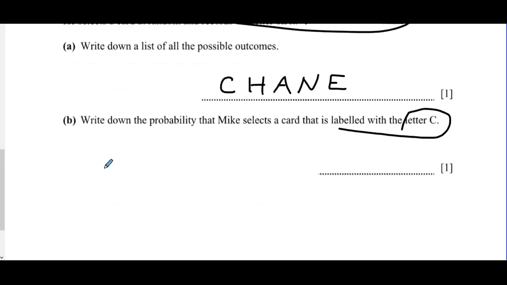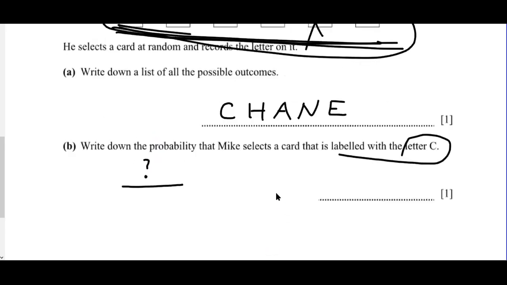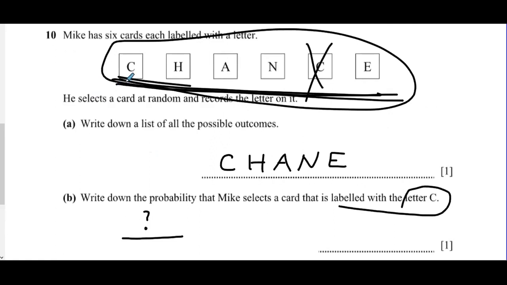The probability is a fraction where the numerator stands for how many C's. How many C's can you count out of these 6 cards?